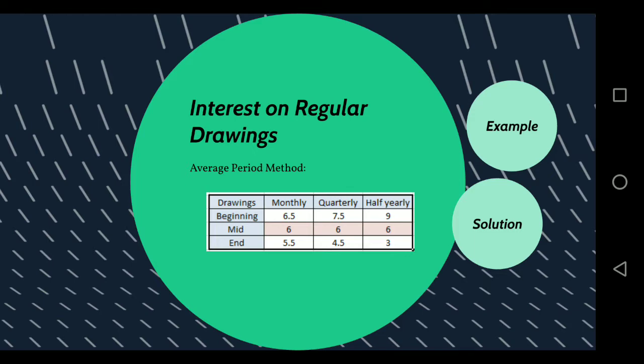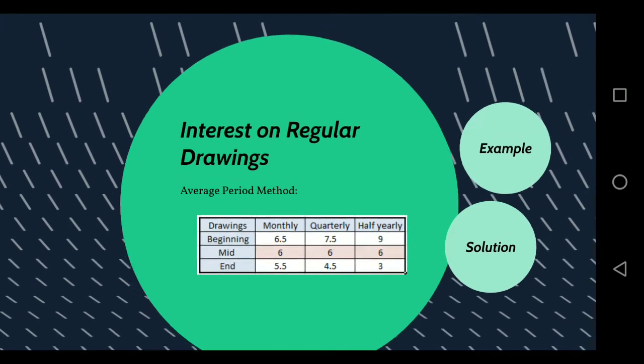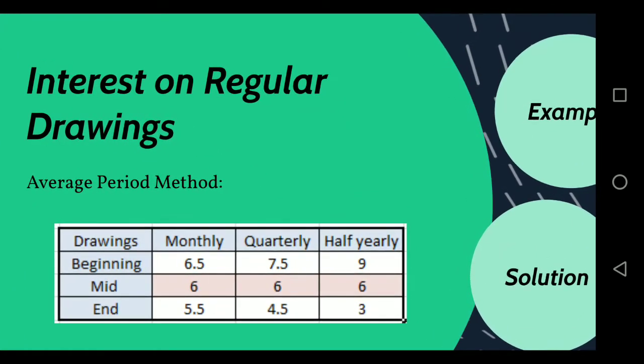In the mid, if you see this table, you are given 6 in each case, whether that is month, quarter or half year. 6 in each case in the mid. Then in the month case, 0.5 is added for the beginning and 0.5 is subtracted for the end. 6 plus 0.5, that is 6.5 in the beginning, and for the end it is 6 minus 0.5, that is 5.5.